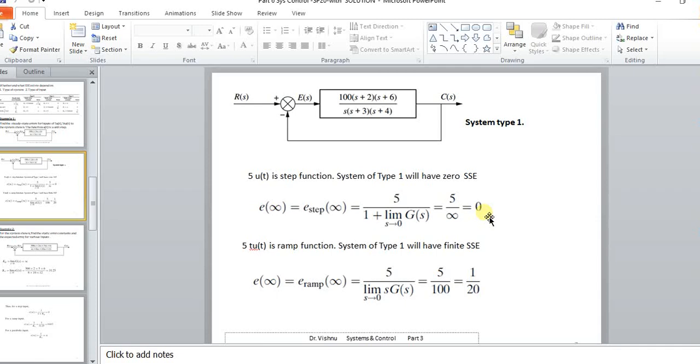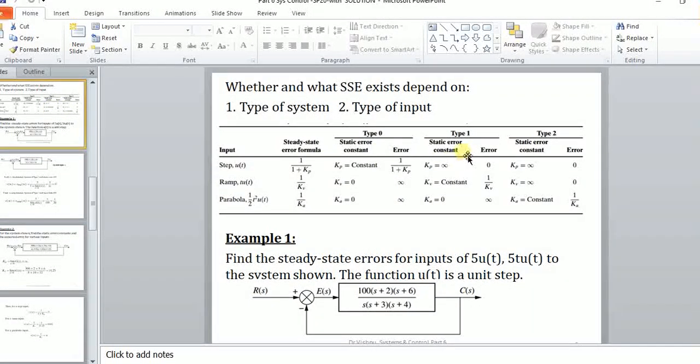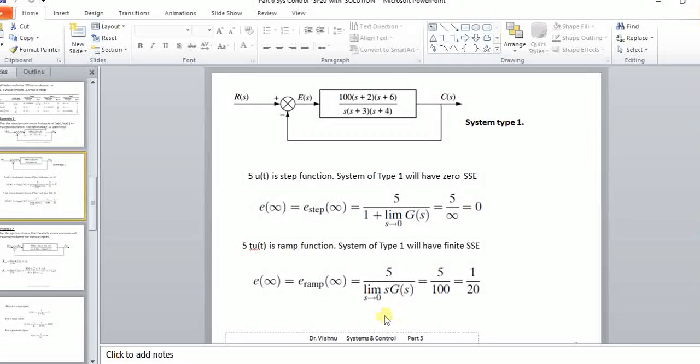The second input we discuss is the ramp input. Again, you have a type 1 system. From this table, a type 1 system for a ramp input will give you finite error. Now how much is that finite error? Here you are going to apply this formula: 5 over limit s tends to 0 of s G of s.